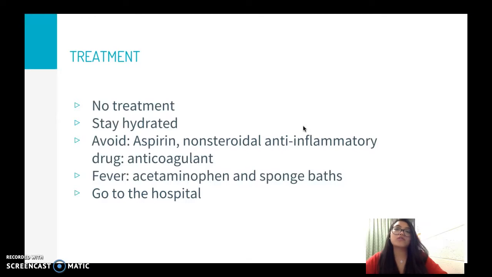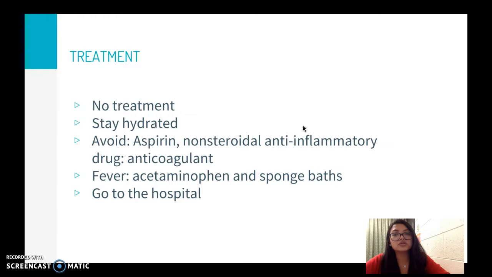There's no treatment for the dengue virus. That includes dengue fever, DHF, and DSS. So you also need to go to the hospital if you think that you have dengue fever, just to make sure. Stay hydrated, and avoid aspirin or anti-inflammatory drugs, which are anticoagulants, because you want your blood to coagulate and not leak out.